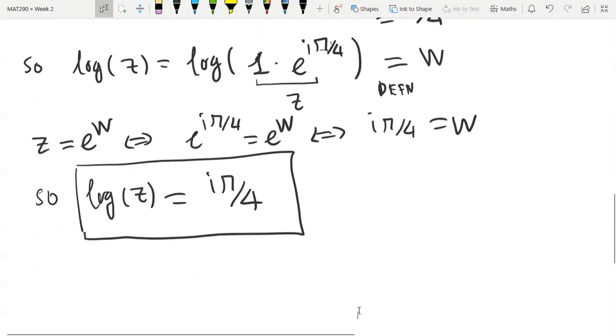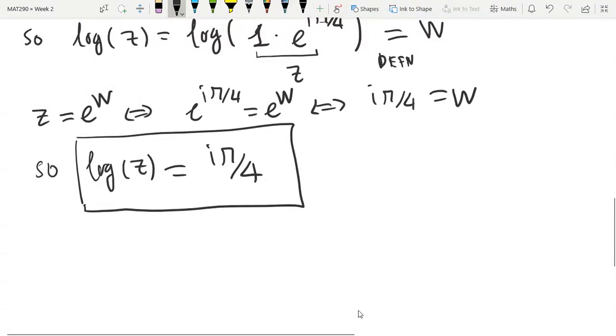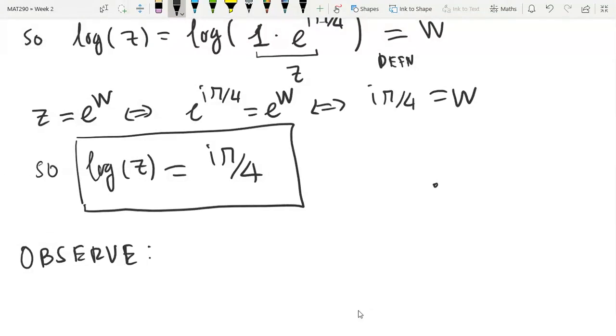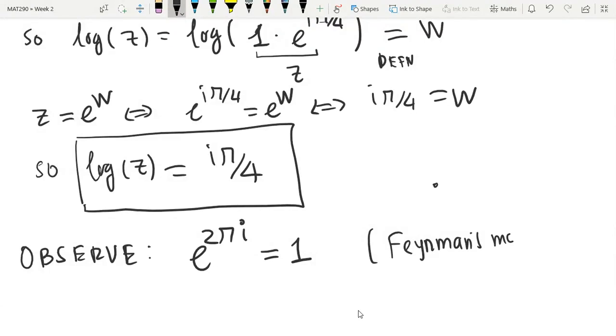So far so good. Now let me make a comment here. Observe. You've seen from previous clips that e to the 2 pi i is equal to 1. This is Feynman's most beautiful formula. I mean, we don't have a minus here, but it's close.